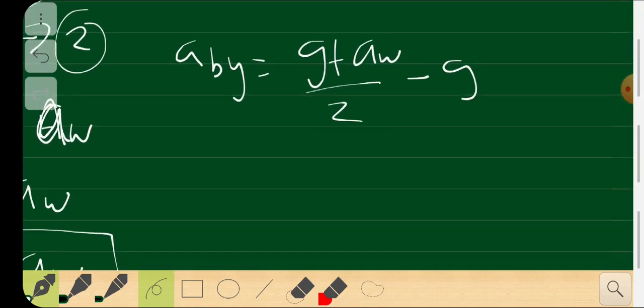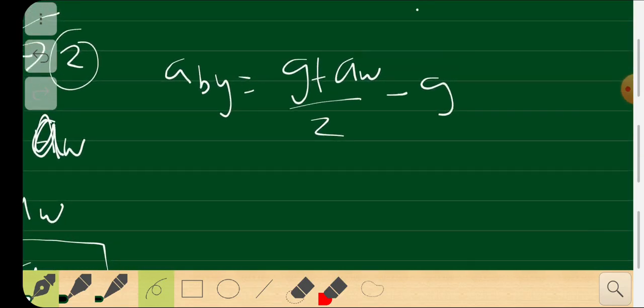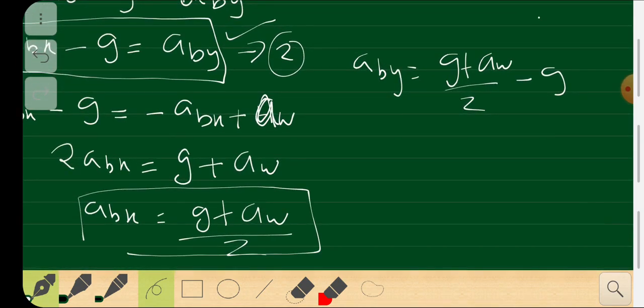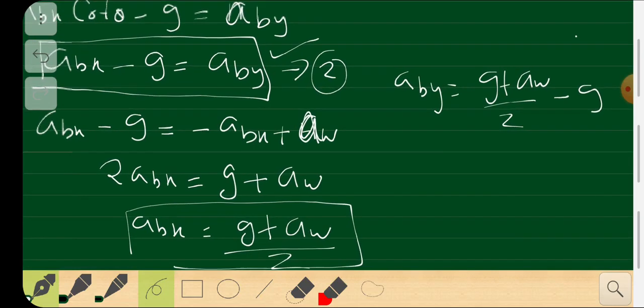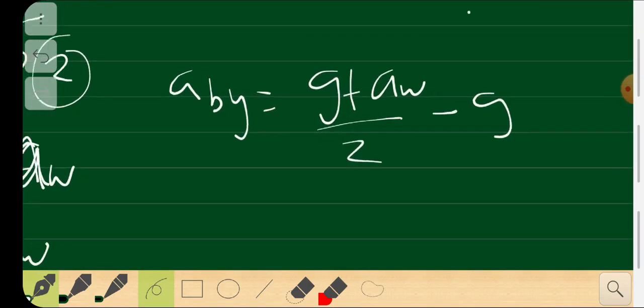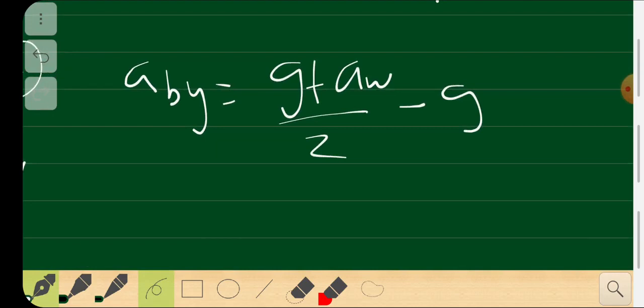Okay, so g by 2 minus g. Now I can simplify this equation and you get aw. So g by 2 minus g will be minus g by 2.